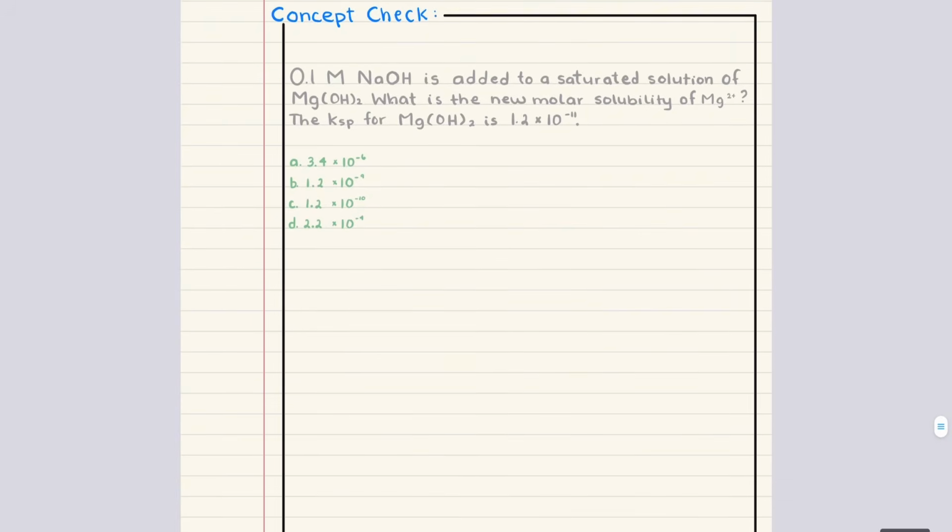This one says 0.1 molar sodium hydroxide is added to a saturated solution of magnesium hydroxide. What is the new molar solubility of magnesium 2+ if the KSP for magnesium hydroxide is 1.2 times 10 to the negative 11?